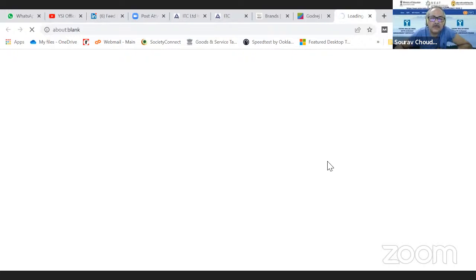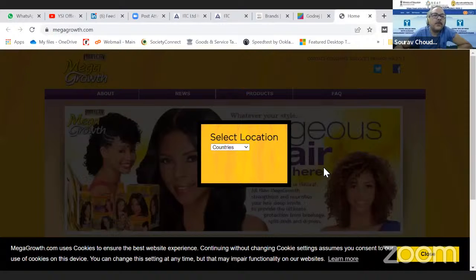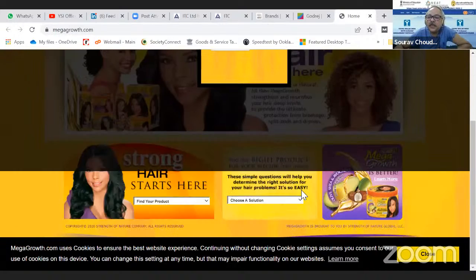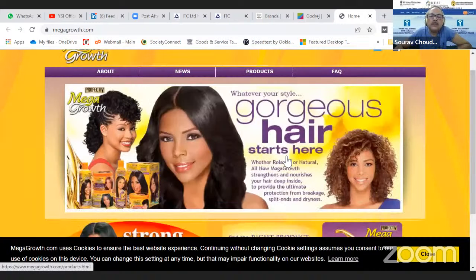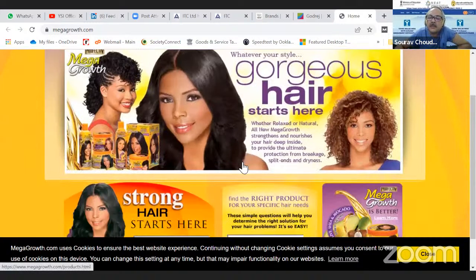So they have purchased a brand called Nutrient. Okay, just a second. Okay, so Godrej hair colors.